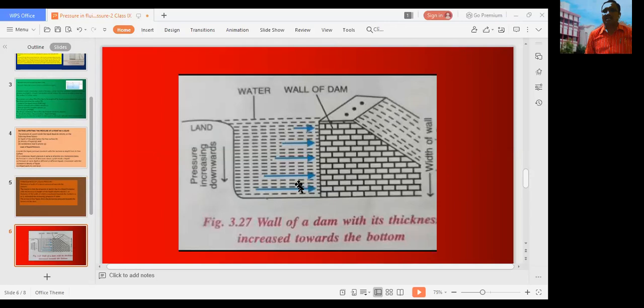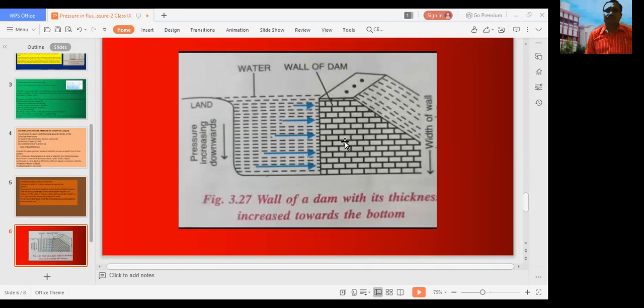As you come towards the surface of the water, the arrow size decreases, which means the pressure also decreases. So pressure increases downwards, and the width of the wall is more at the bottom than at the top.